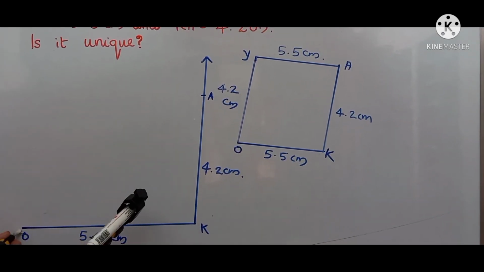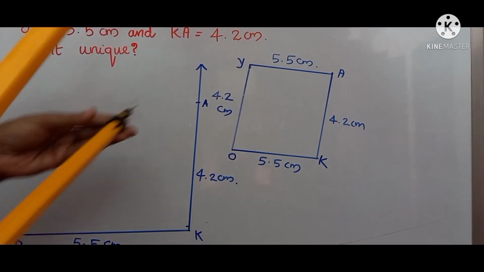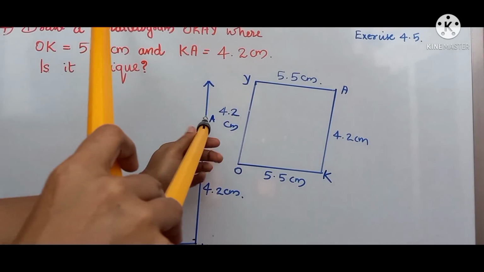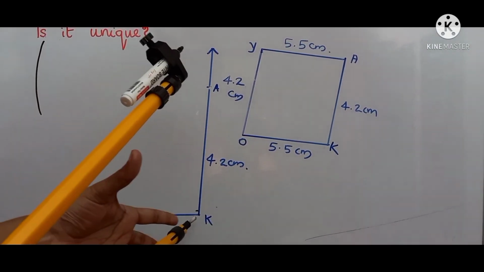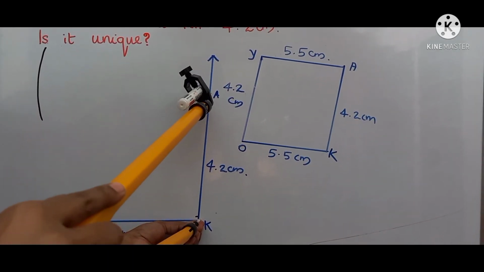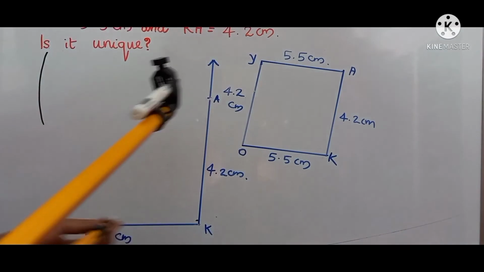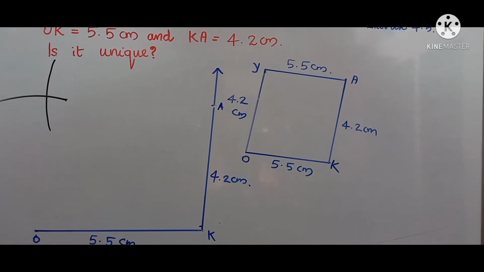And take this 5.5 centimeter as compass width. Pointing on A, draw an arc. Next, adjust our compass width to KA. Pointing on O, draw an arc.